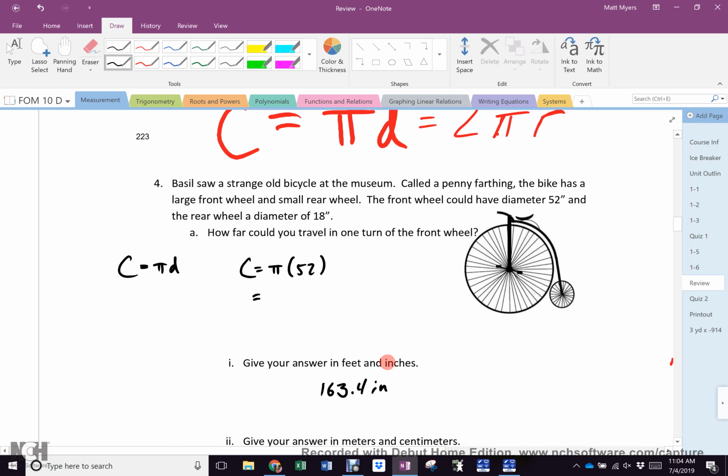I want that in feet and inches. So I divide that by 12 to get 13 feet. And then I'm left over with 0.61 of a foot. And I want that in inches. So it's 0.61 times 12, which is 7 inches.